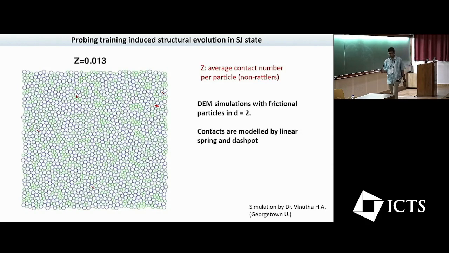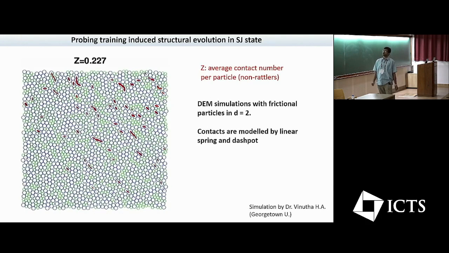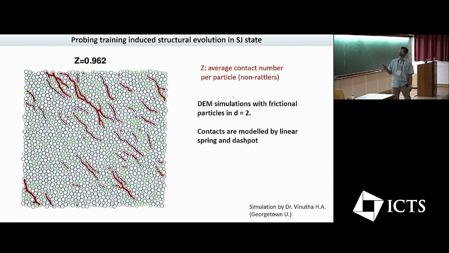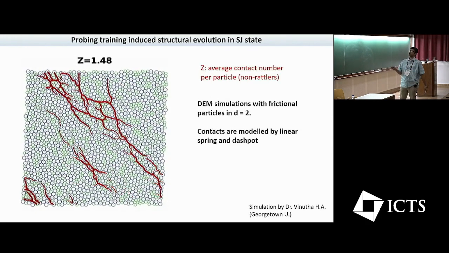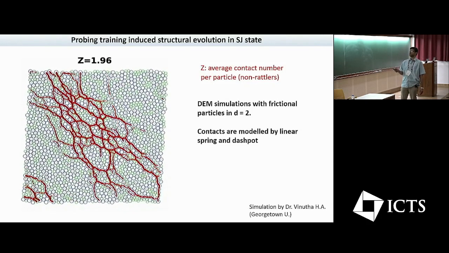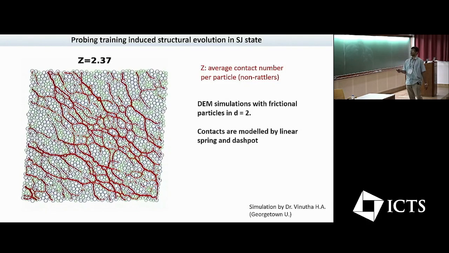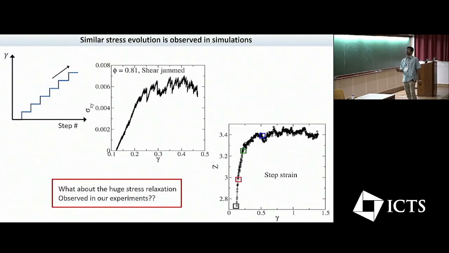This is a discrete element simulation. Z is simply the average number of contacts of these non-rattlers. You see that as the system is trained more, you get this kind of contact formation between the particles.